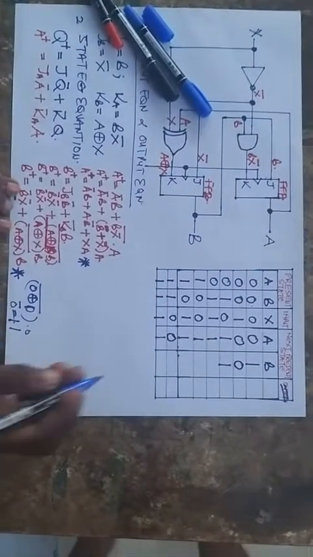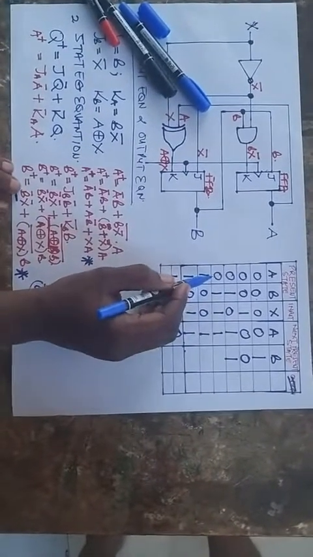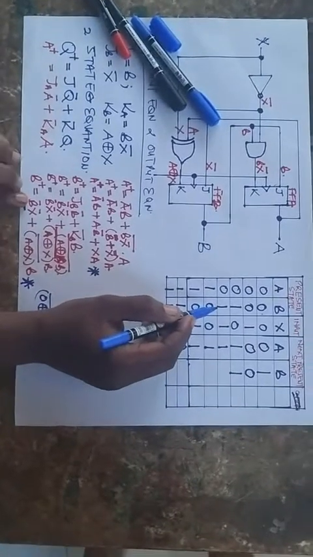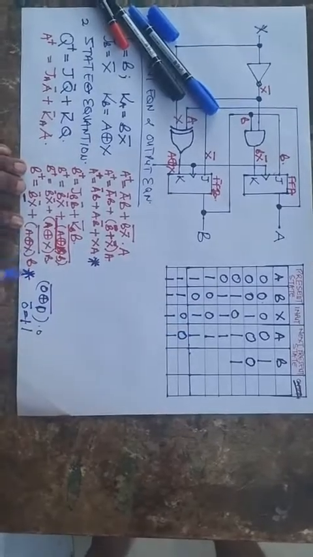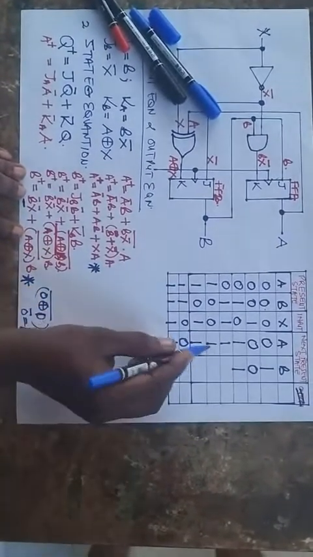Okay, so let's do the next one. A, okay, so here B bar is 0 because it's 1 here, so this will go off. Okay, so our focus will be here. So here we need A, and A is what?